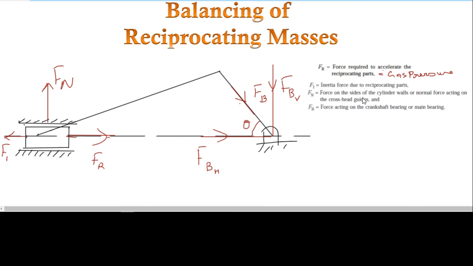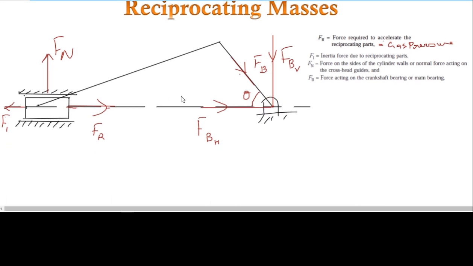Fn means the force on the sides of the cylinder walls, or normal force acting on the crossheads or guides. Guides means cylinder walls itself. When it is an engine, we call the guides cylinder walls or cylinders. And Fb is the force acting on the crankshaft bearing or the main bearing. If it is an engine, we call it crankshaft bearing; if it is anything else, we can call it main bearing.